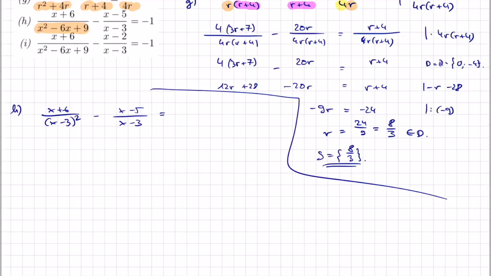We have no fraction on the right-hand side, but, well, we just make us one, because we want a denominator of x minus 3 squared also here. That means we need an extra factor of x minus 3 in this fraction. And now we already have three fractions with the same denominator, which we can multiply out.